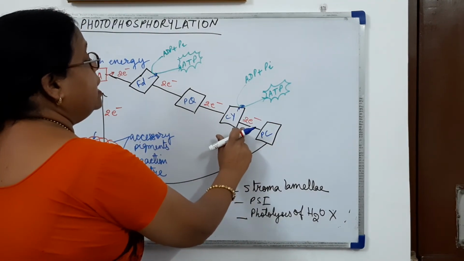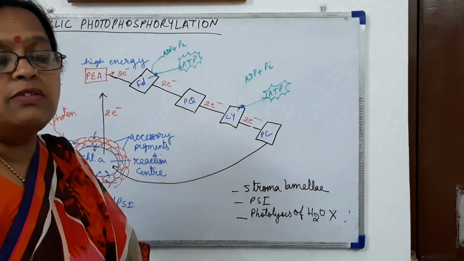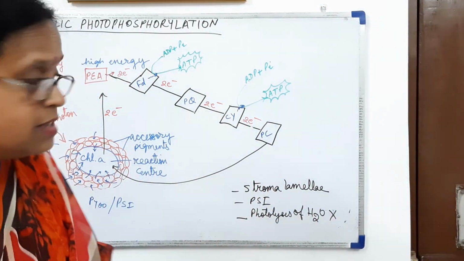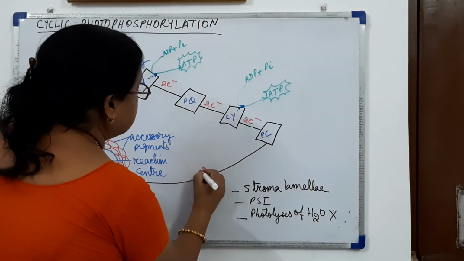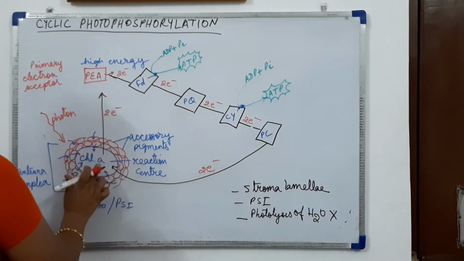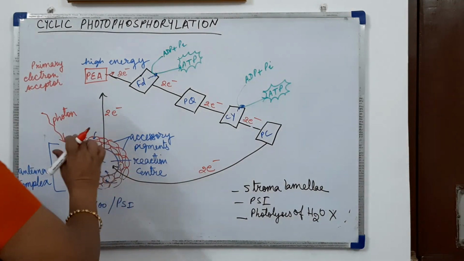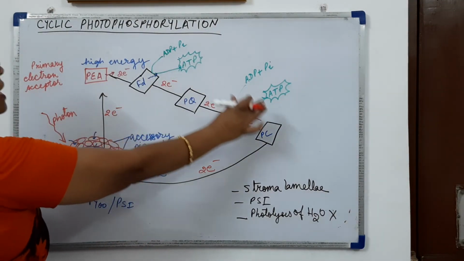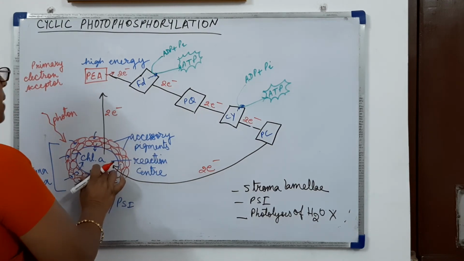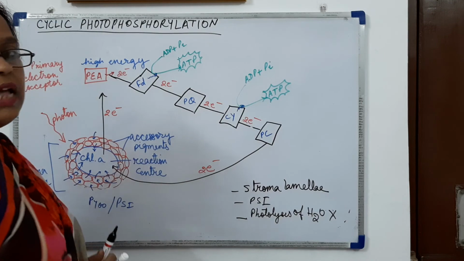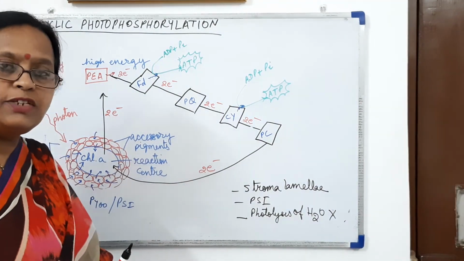And the electrons will pass to plastocyanin, and then plastocyanin will pass these electrons back to the pigment system 1. So because the electrons which are released are coming back to the system, it is also called cyclic photophosphorylation.